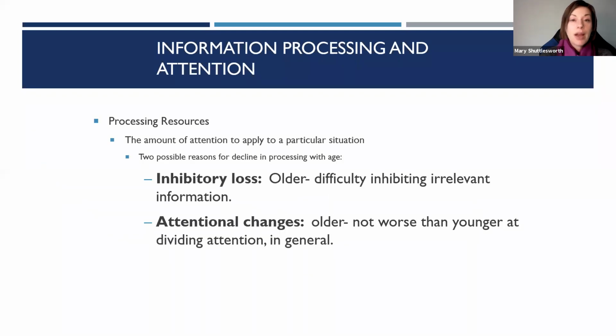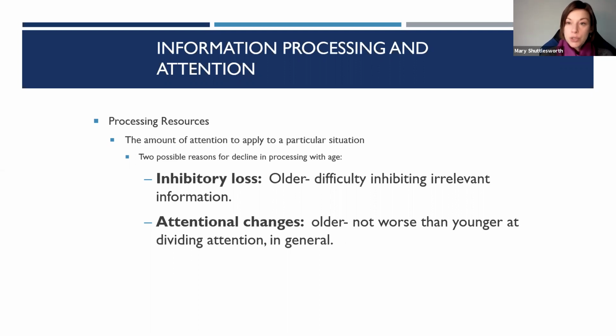All right, so when we look at these information processing attention resources here, we're talking specifically then about how much of my attention, so remember, attention is a finite resource, meaning I only have so much of it. So how much of my attention can be devoted to a particular situation?